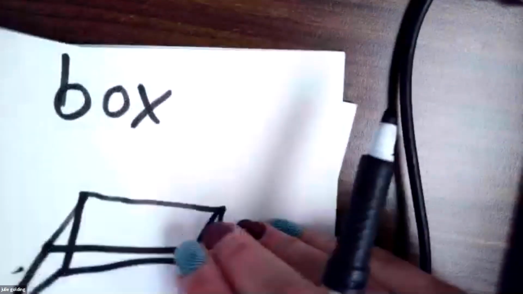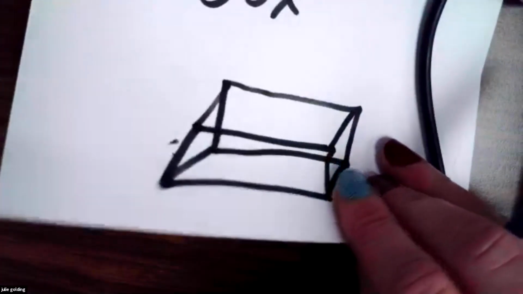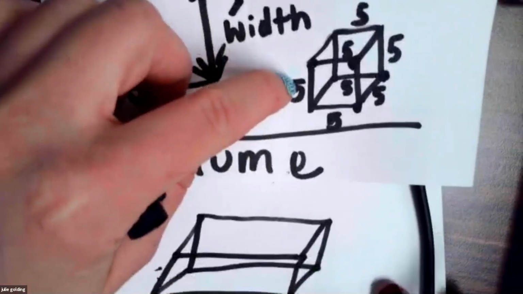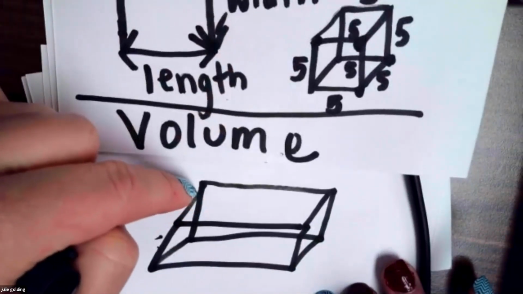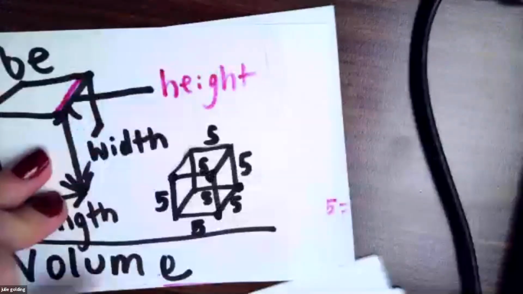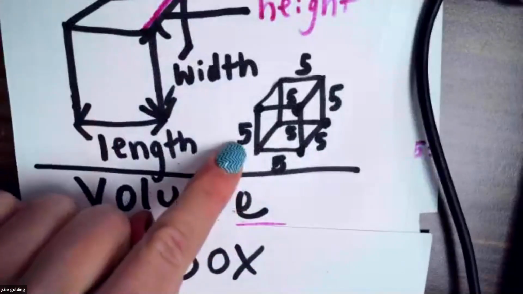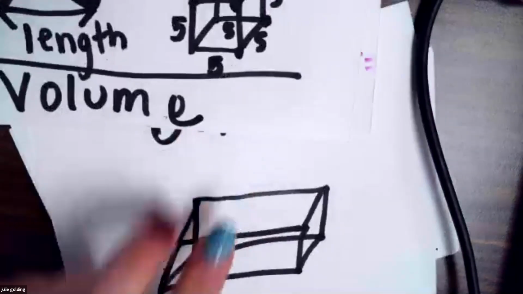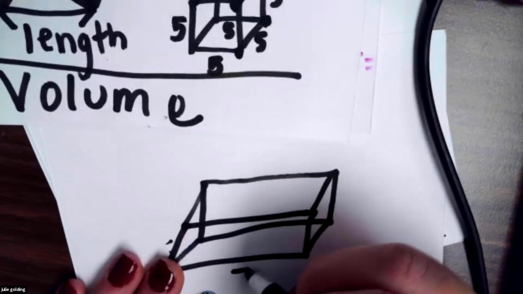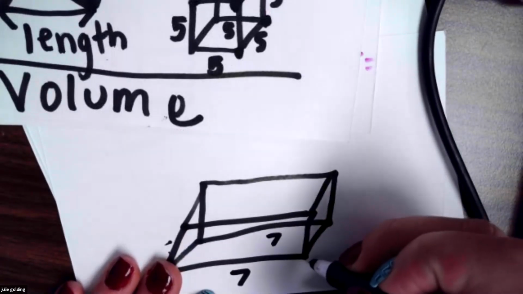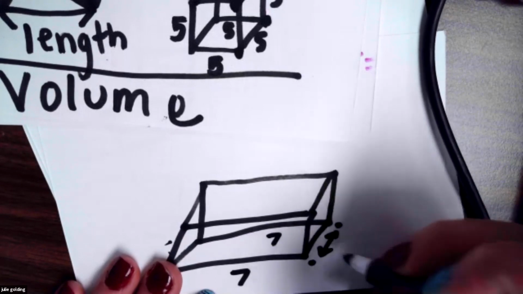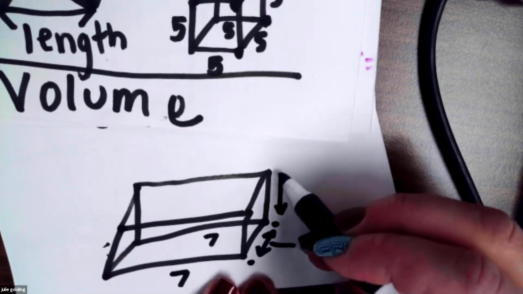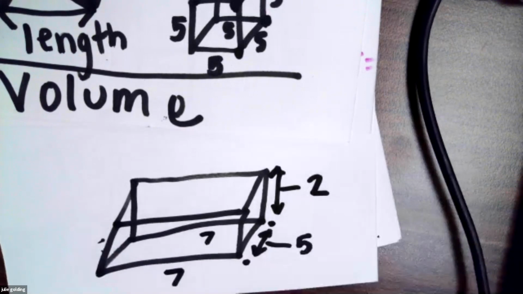Remember, a cube looks like this, and a rectangular box looks like this. So with a cube, all the sides are the same. With a box, some sides are different. So this might be 7, 7 from here to here. It might be 5 from here to here. Maybe it's 2.